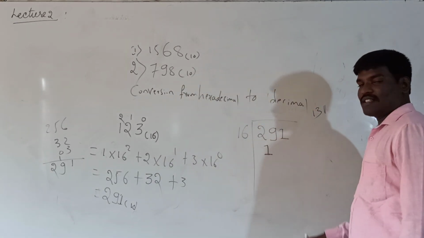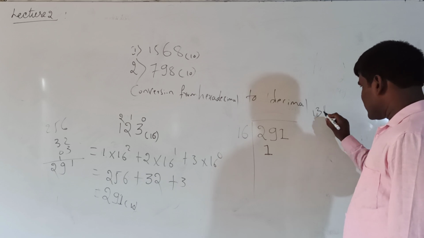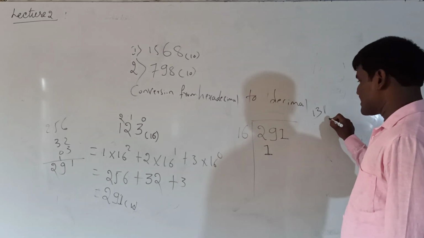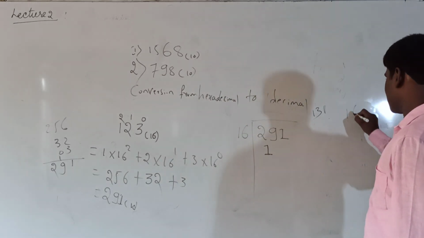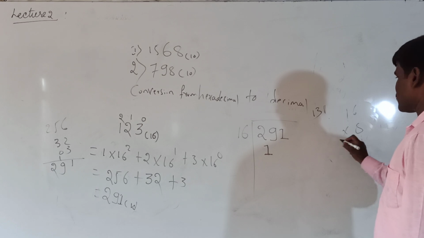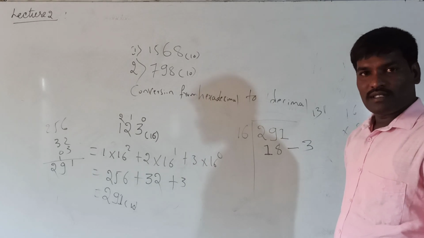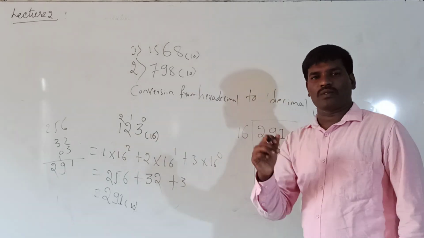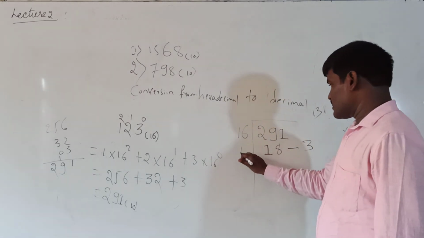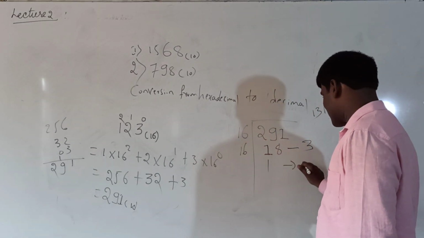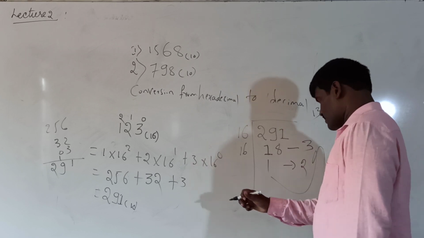Next, 16 eights are 128, remainder is 3. So better you can use the calculator, then it is easy. Next is 16 ones are 16, remainder is 2. In the reverse order you have to write 123 to the base 16.